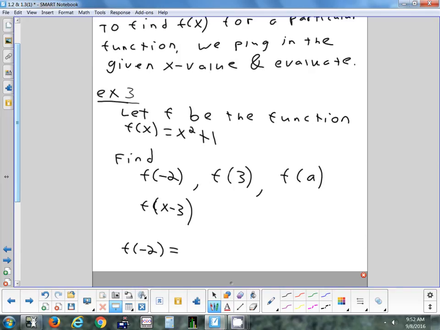I'll go through just a couple. So if they put f parentheses -2, that means f of -2. Just fill -2 in for x, and add 1. What would you get if you do that out?